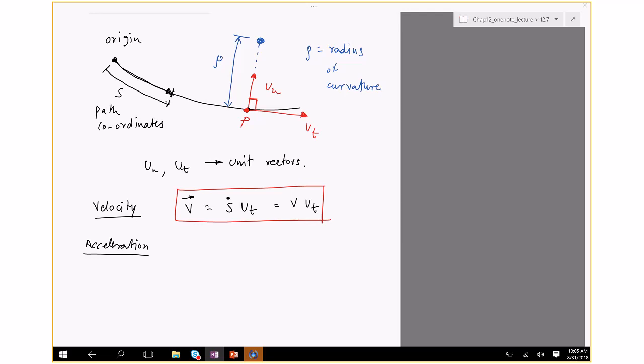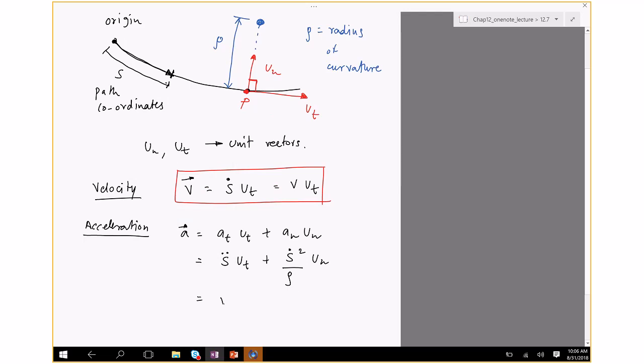I will not do the derivation, but what you get is that acceleration has two parts: a tangential component times the unit vector in the t direction, and a normal component along the normal direction. It's basically s double dot UT plus s dot, which is velocity, squared divided by rho, which is the radius of curvature, which I've shown in that figure, times UN.